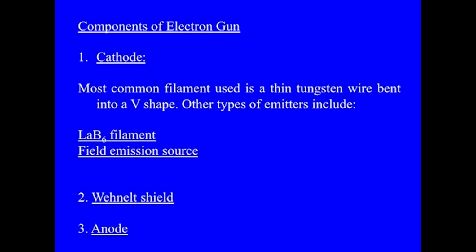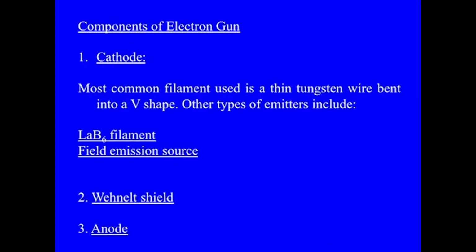That is the most commonly used and cheap, but there are other types which can give you better illumination or fine focus. These are lanthanum hexaboride, LaB6, and field emission sources. A lanthanum hexaboride filament is a pointed rod that provides a stable current from a smaller area than a simple tungsten filament.